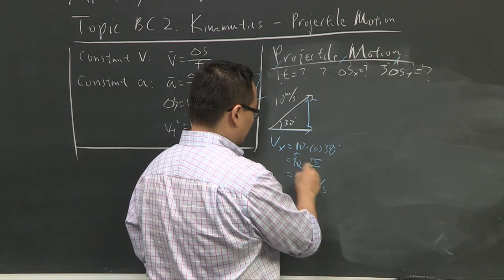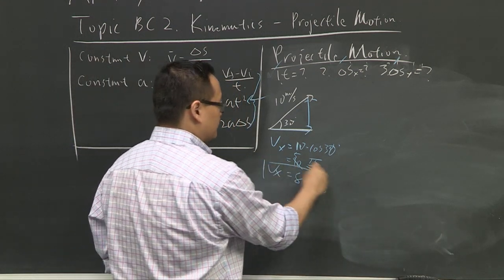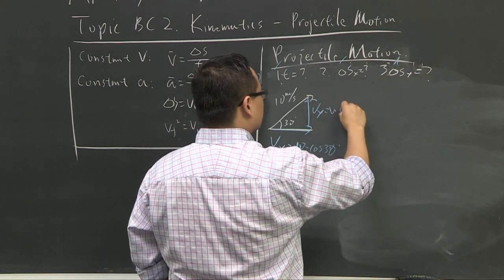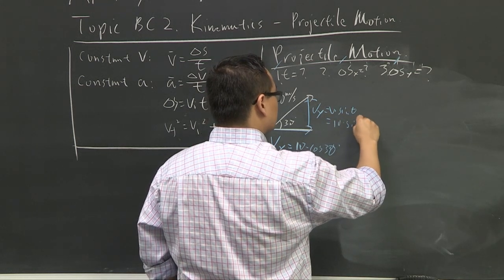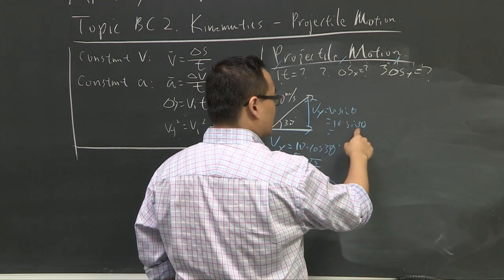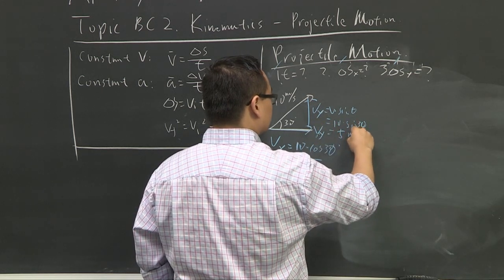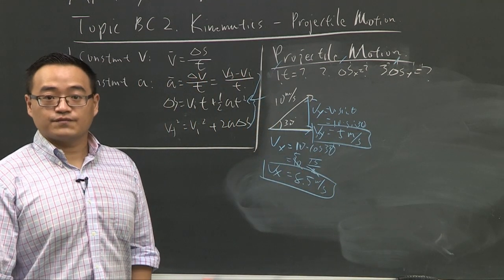I mean, this is just rough numbers, right? Always get these components first. Done. Vx is done. Vy is equal to v times sine theta, which is 10 times sine of 30, which is 1/2, so 5. V initial y is equal to 5 meters per second.